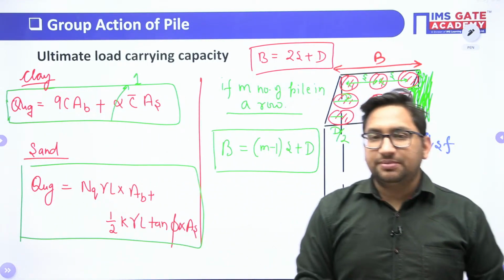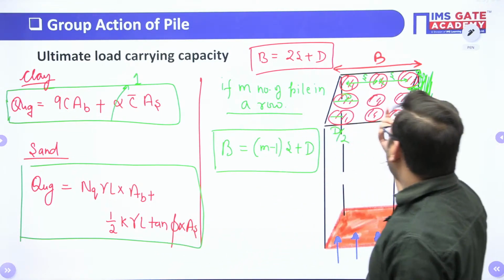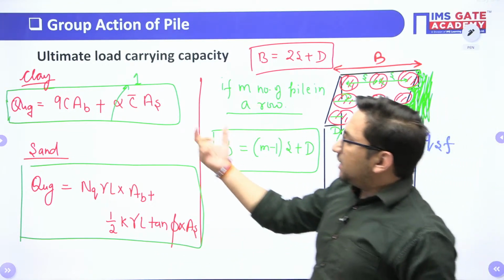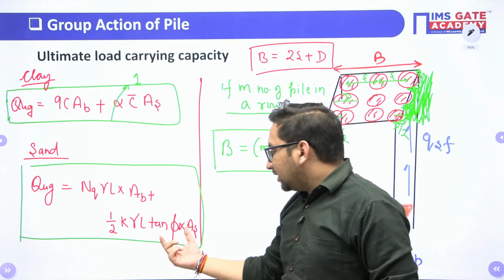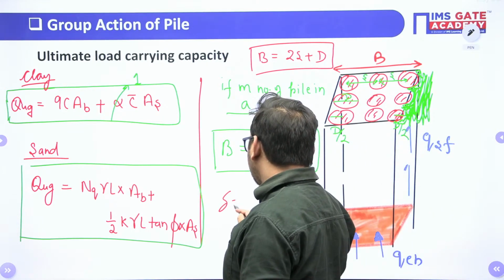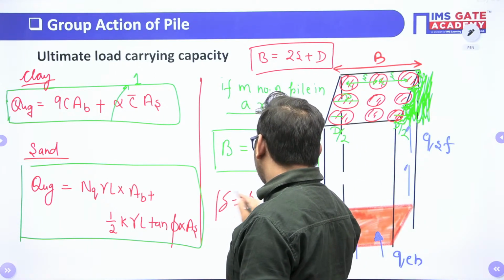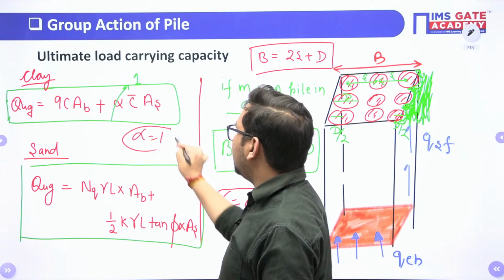I hope this concept is clear. So the only change will be, now as the interaction is between soil and soil, instead of alpha, the alpha value will now be equal to 1, and your delta value will now be equal to phi. So here delta is now equal to phi and alpha value is equal to 1. This will be the only change.